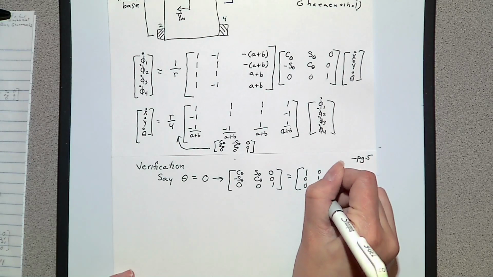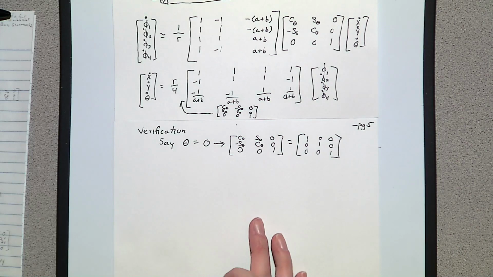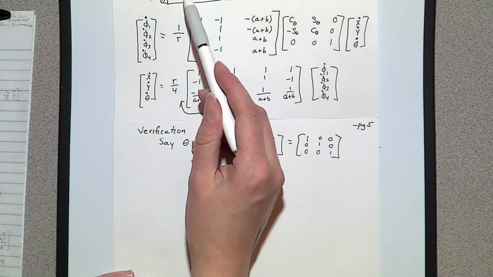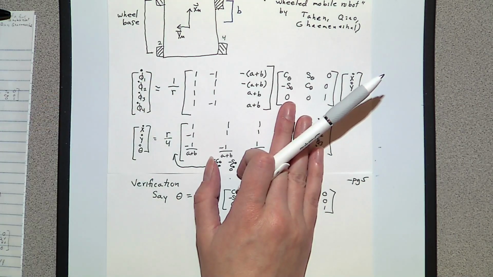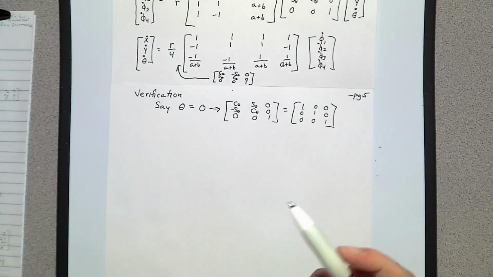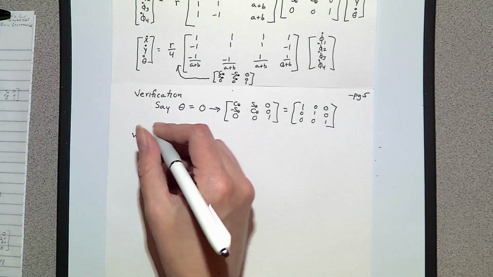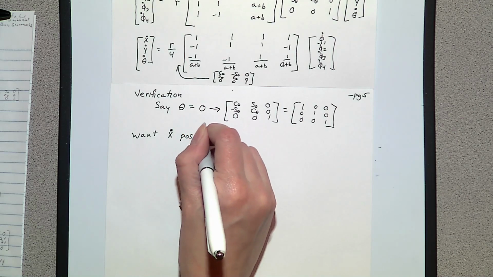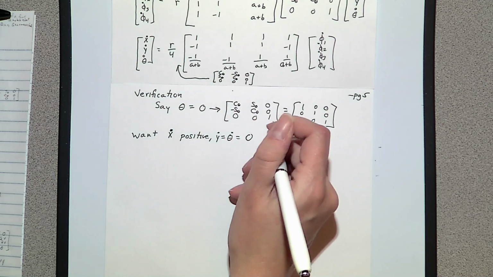That simplifies things a little bit for us. What that also means is that our x_m and y_m are aligned with our inertial x_0 and y_0. And so let's say that we want to move in the positive direction: x dot positive, y dot and theta dot 0.